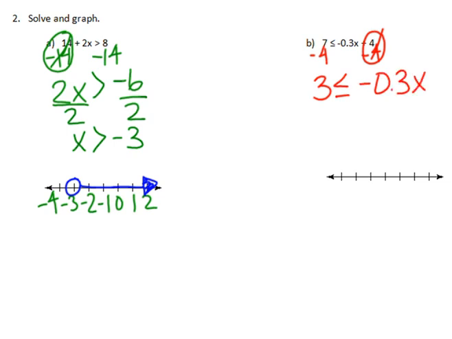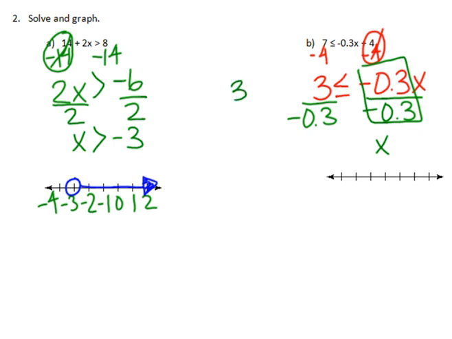And then I'm going to divide both sides by the coefficient. So I'm going to divide by negative 3 tenths. So this will simplify down to 1, and I'll just have 1x. The left-hand side, I'm going to do 3 divided by 3 tenths. So that's the same as 30 divided by 3.